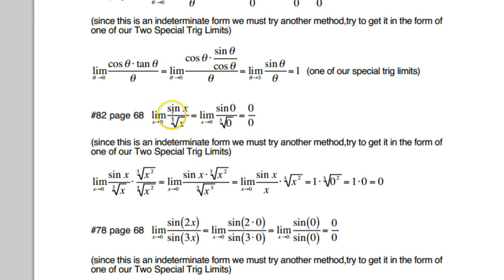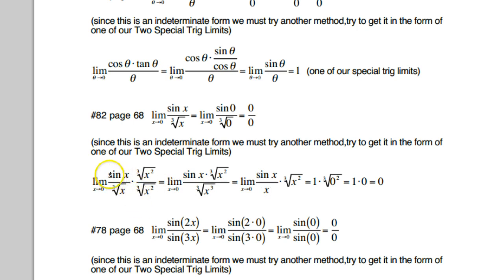Alright, the limit as x approaches 0 of sine of x over cube root of x, if you notice, it turns to 0 over 0. So I'm going to rationalize the top and bottom, and I'm going to actually square it, and you'll see why in a sec, because I have to have the x on the bottom.